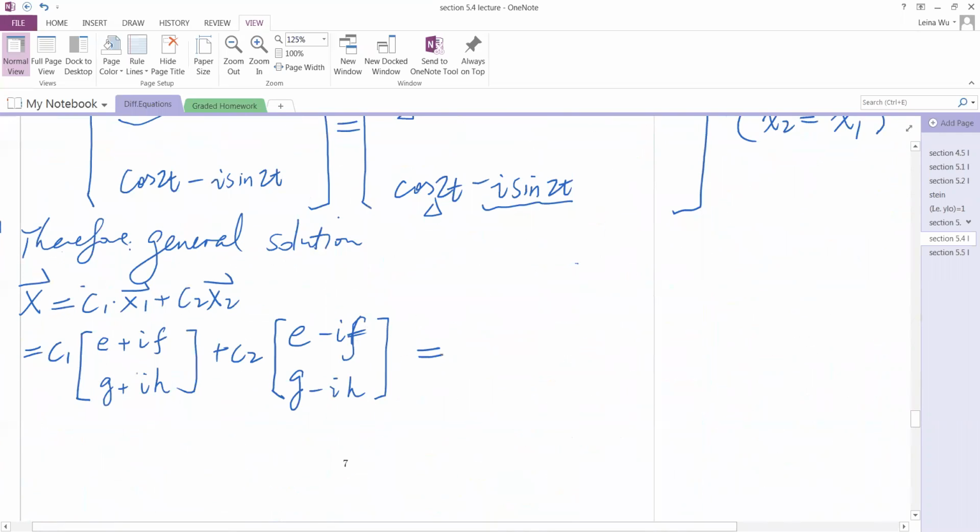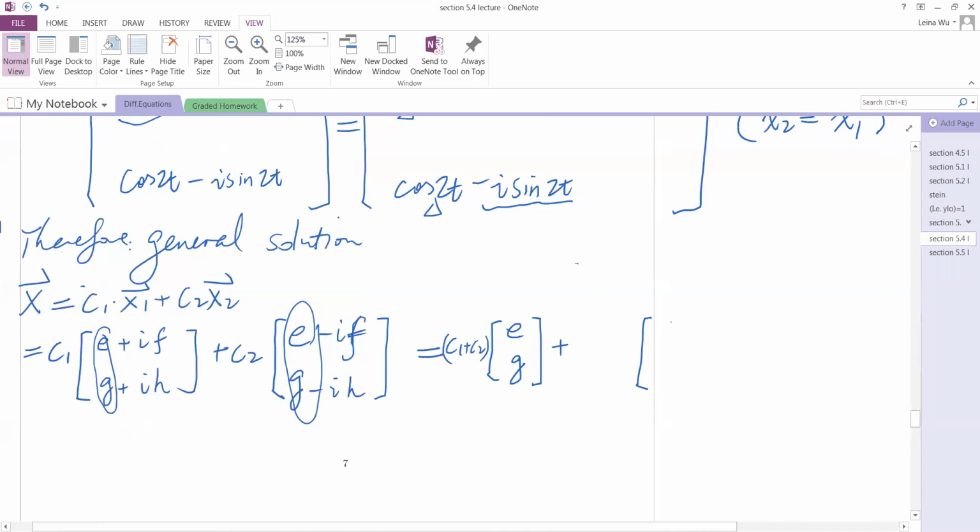Eventually, what do we have? Can we combine those two? We can combine the vector EG with constant C1 plus C2.